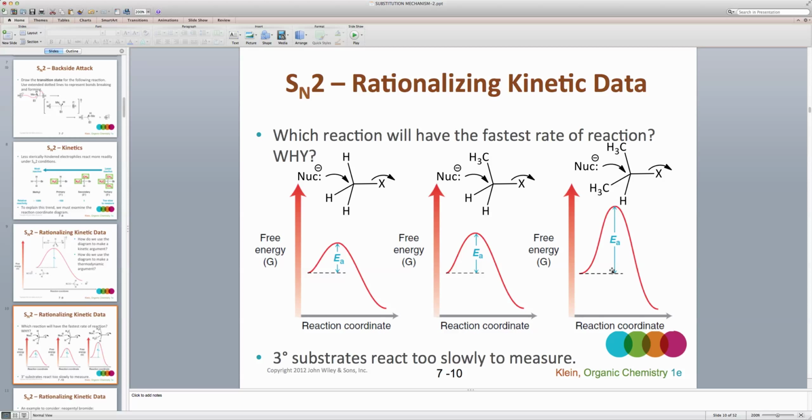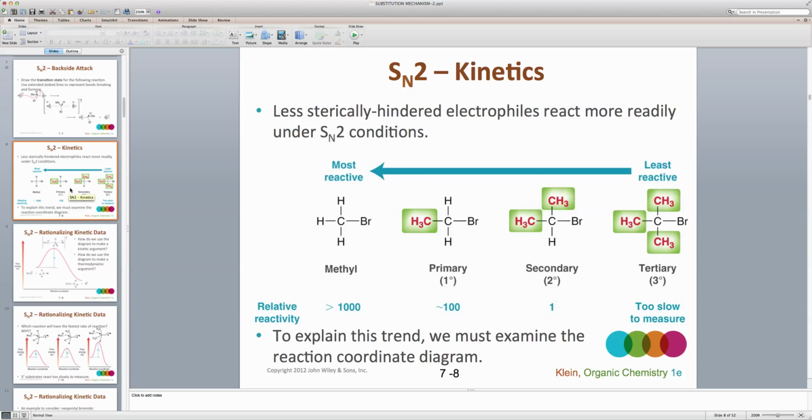And as I go from primary to secondary, it increases. And tertiary substrates are so slow, we effectively say they don't occur by this mechanism. And so this allows us to rank these substrates in order of reactivity. The methyl is the most reactive to SN2, and the tertiary is the least reactive to SN2.